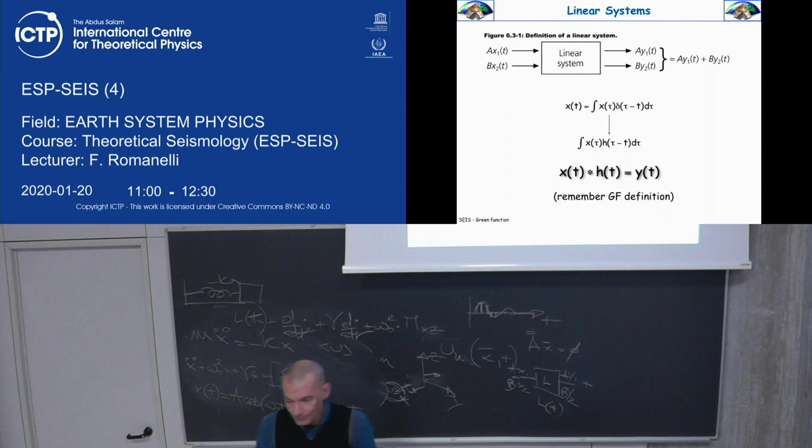So the Green's function is everywhere, every time we have a linear problem. Could be in time, filtering. Could be in space, pictures. Could be in time and space and direction. It's our problem, because we have to solve the elastodynamic Green's function.